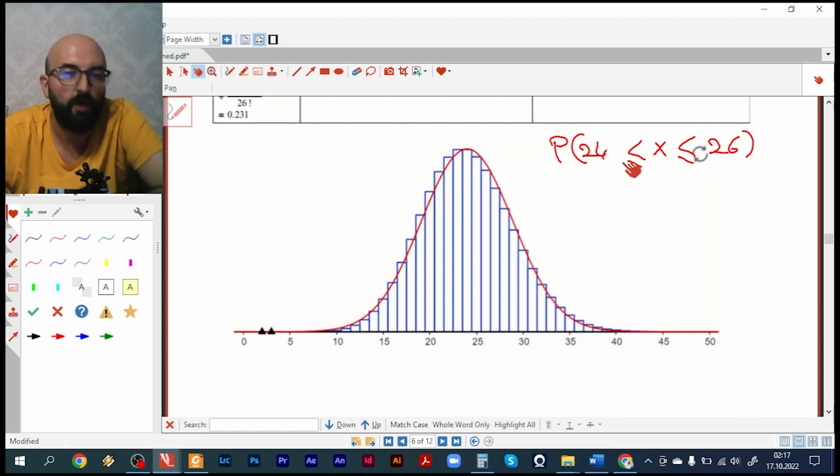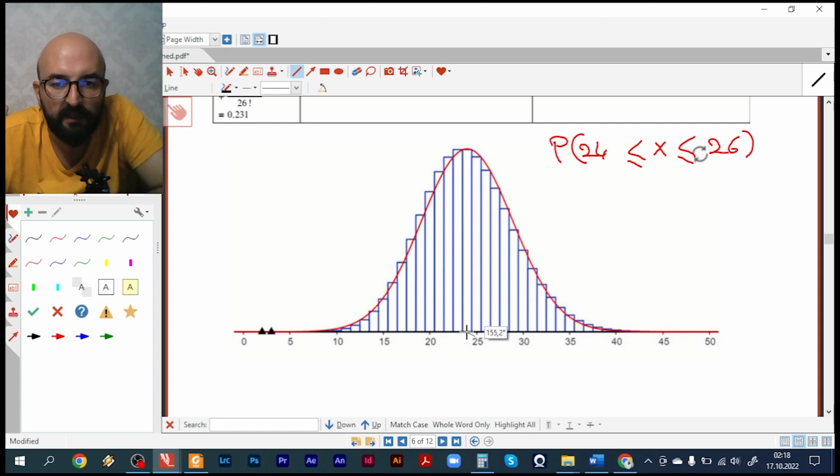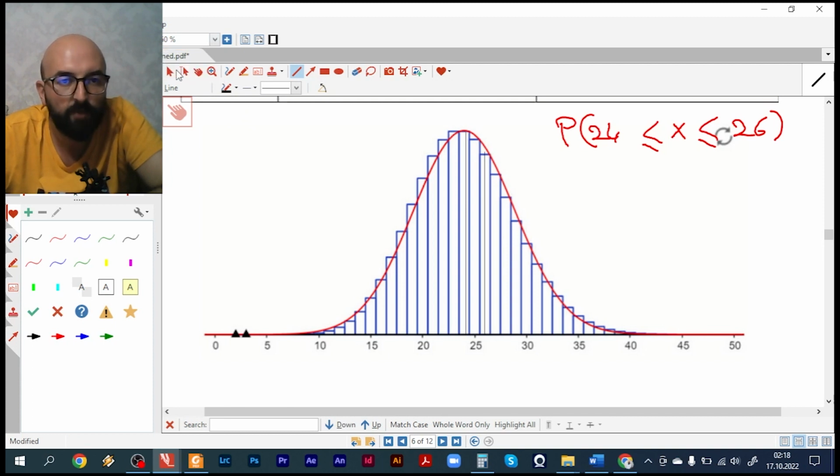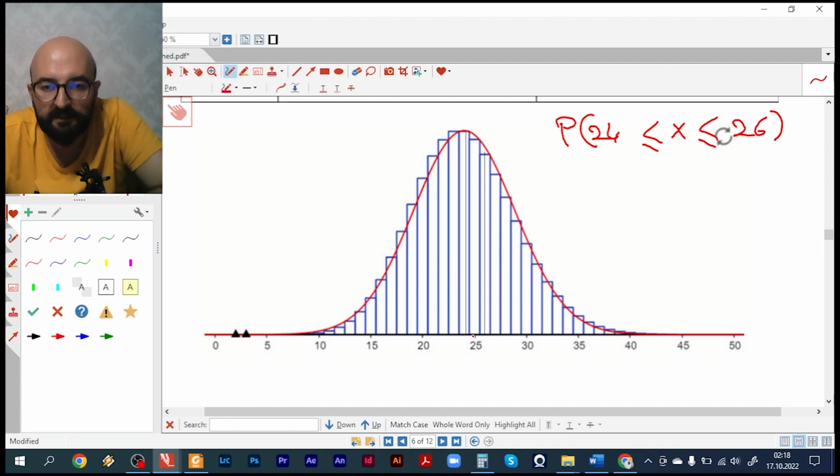If you want to work on the normal distribution, you should change the boundaries, because 24 means the middle of this rectangle, and 26 means the middle of this rectangle, but in the normal distribution, the start of the rectangle bounds is here or here.